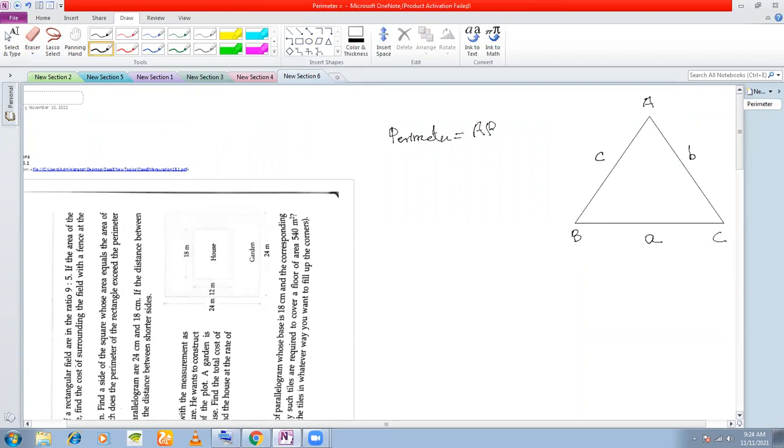It is the sum of the lengths AB plus BC plus AC, which is equal to c plus a plus b. Or you can write a plus b plus c. That is the sum of the lengths of the sides of the triangle. It's called the perimeter. Okay. So that is what you mean by perimeter.